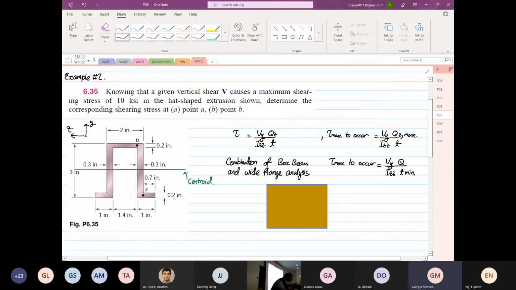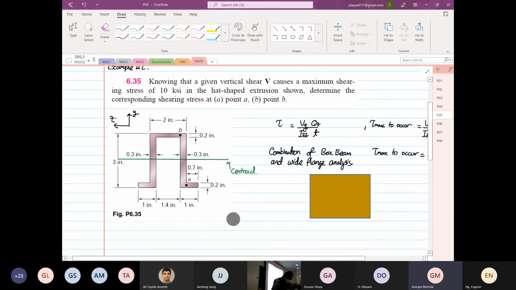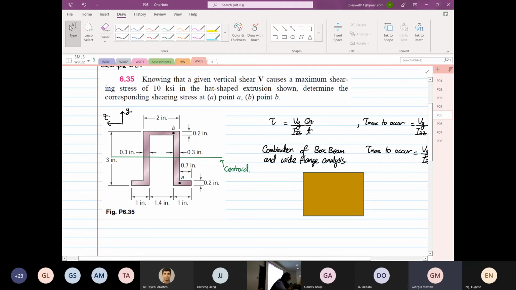Before we go on, the first thing that we're going to do is construct our shear flow. So I'm going to draw our shear flow now. This is the web, which controls the flow. This is where our Vy is applied. So this is a terminal, so it does this.